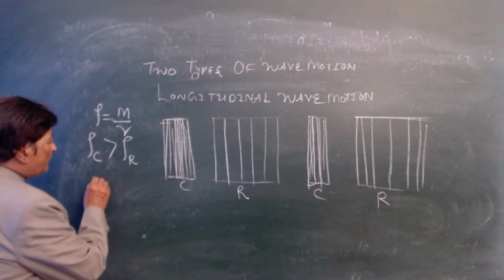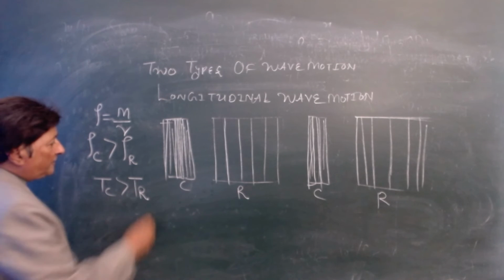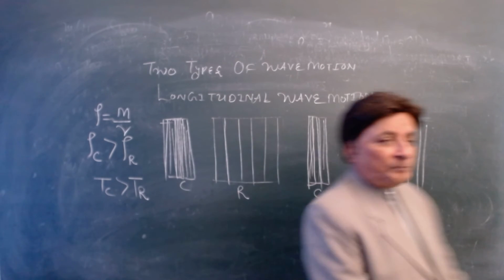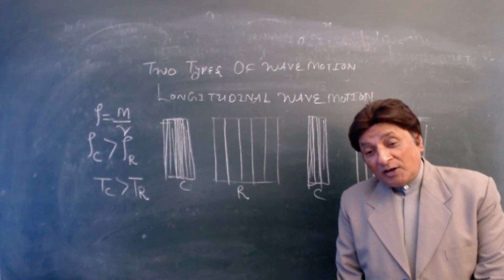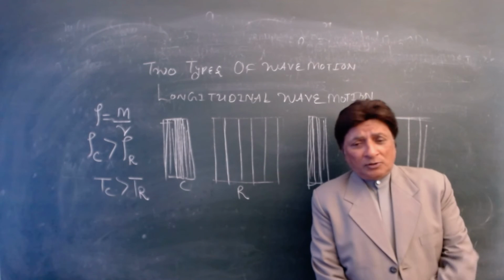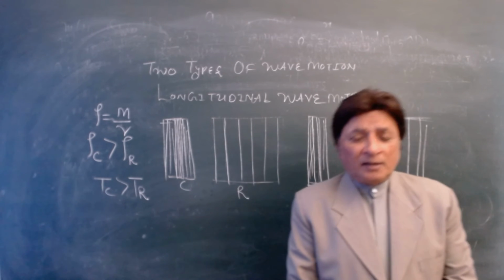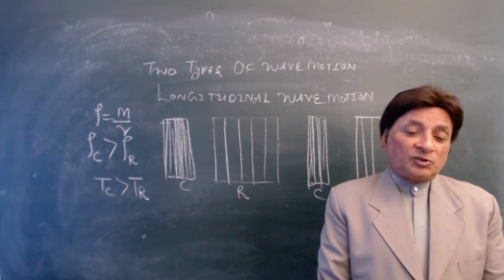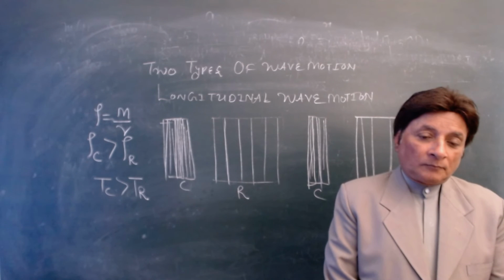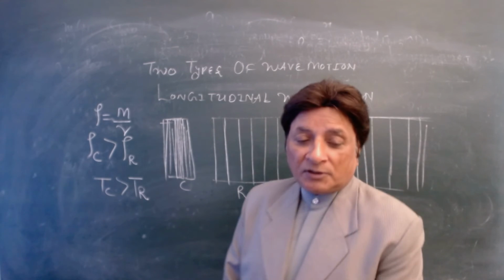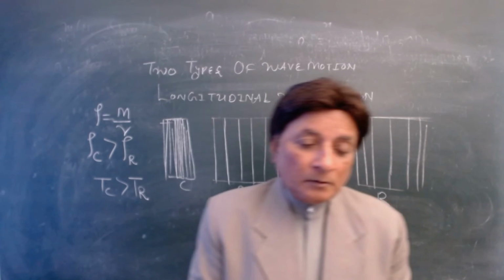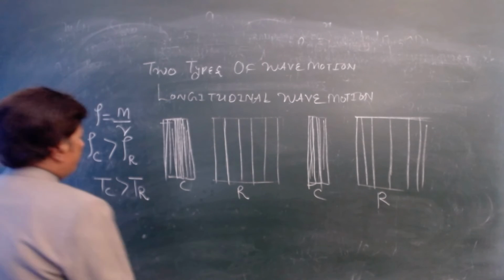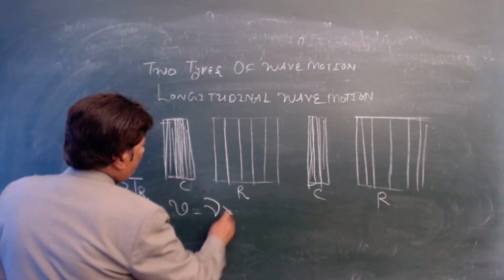The temperature of the compressed zone is greater than the temperature of the rarefied zone. क्यों? बिकॉज मॉलिक्यूल्स दूर दूर चले जाते हैं, वॉल्यूम इंक्रीज करता है, तो टेम्परेचर डिक्रीज होता है बिकॉज रेरिफिकेशन टेक्स प्लेस. दैट्स इट. बाकी तो स्पीड होती है, स्पीड ऑफ लॉन्गिट्यूडिनल वेव भी वही होती है, फ्रीक्वेंसी इनटू वेवलेंथ.